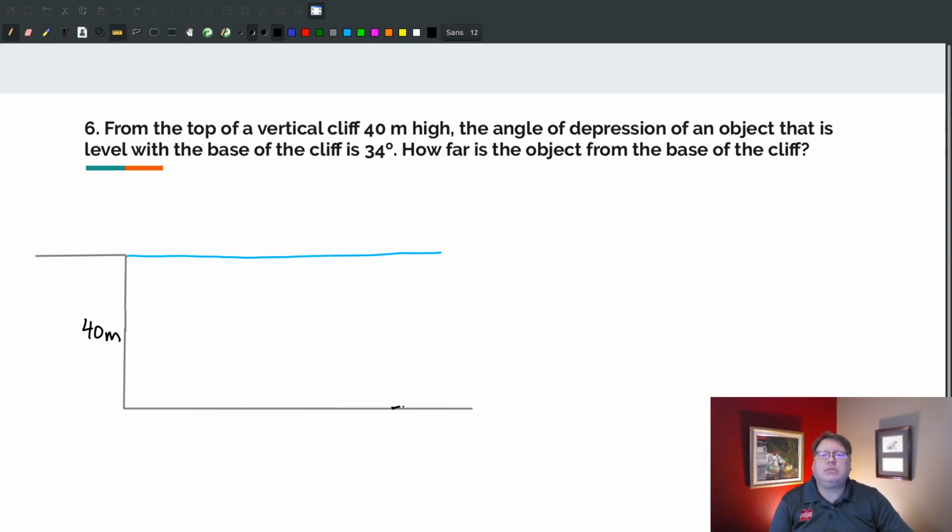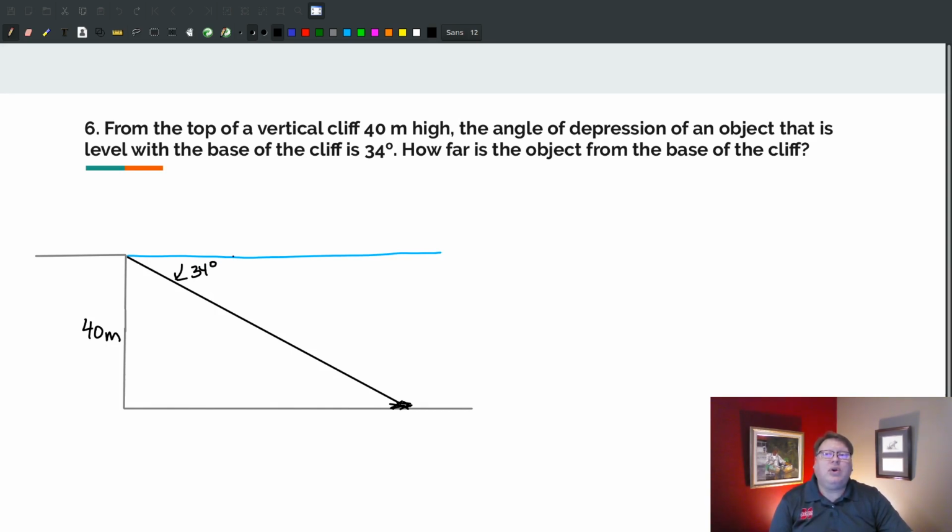Okay, we'll just say it's some pile of sticks down here. Maybe it's some freaky sculpture or something. Who knows? But we're going to draw this from here down to our object. It says that the angle of depression is 34 degrees. Okay, so this is 34 degrees. Again, that's measured from the horizontal.